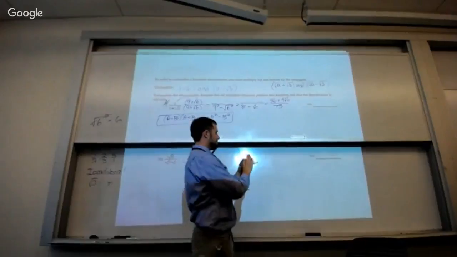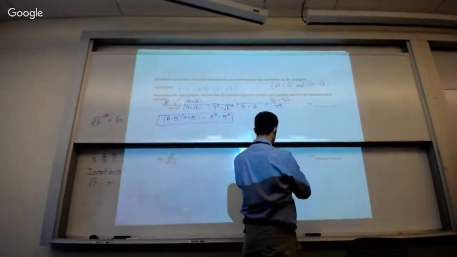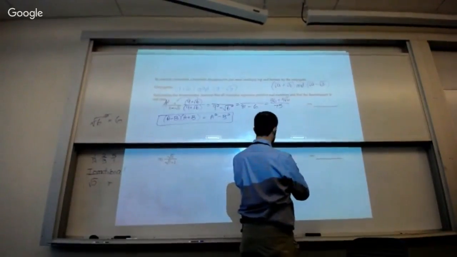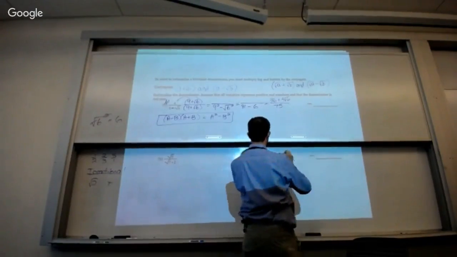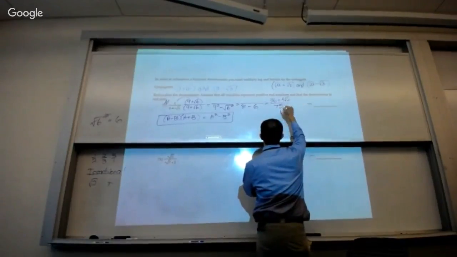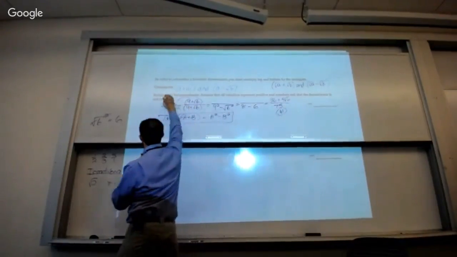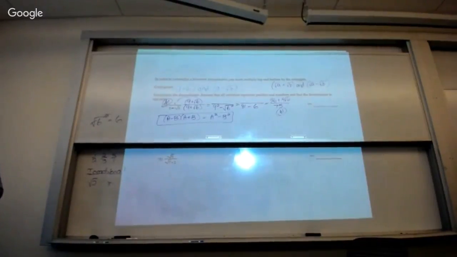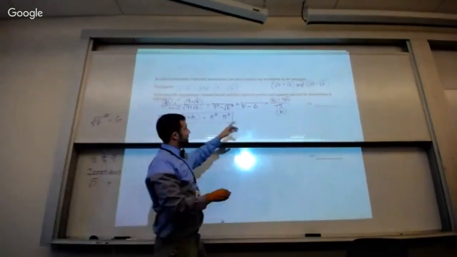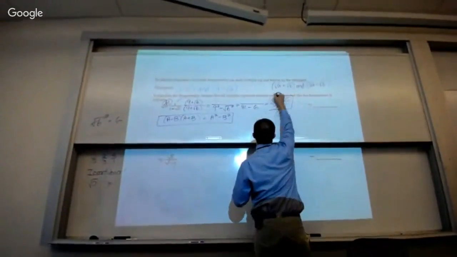And now if I go down here and do root 6 times 4 plus 36 over 75, hey, goody, I also get 0.61. So sure enough, both of the expressions have the same value. They're obviously not identical, but they have the same value. And what we say is that we have rationalized the denominator.